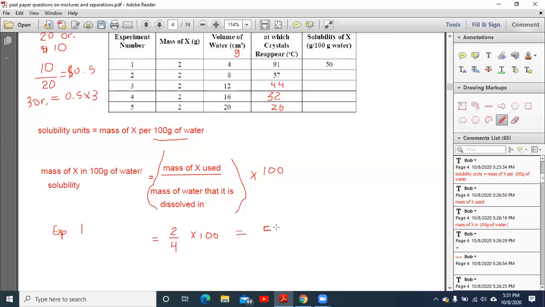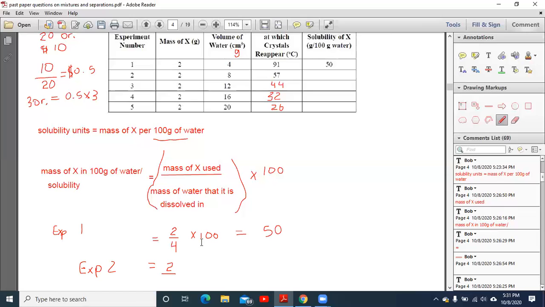Let's just do it for experiment 2. The mass of X is still 2, as we see there in the table, it's 2 grams. So we have 2 divided by the mass of water it was dissolving.